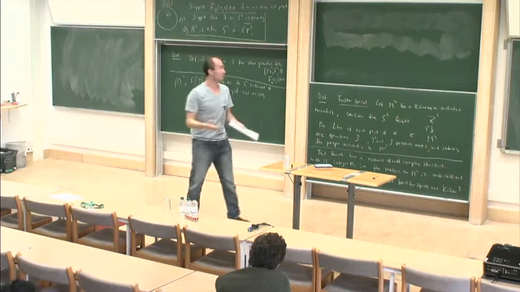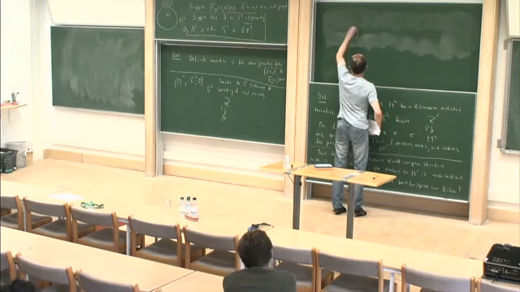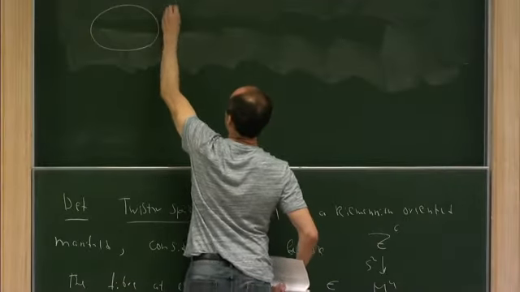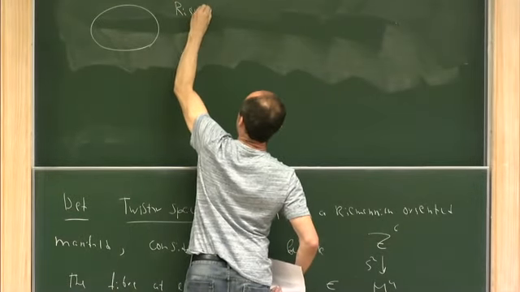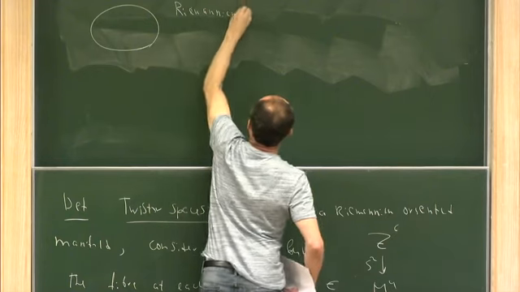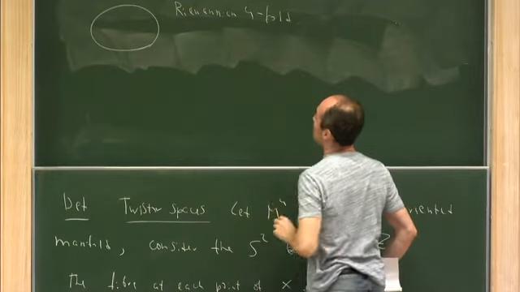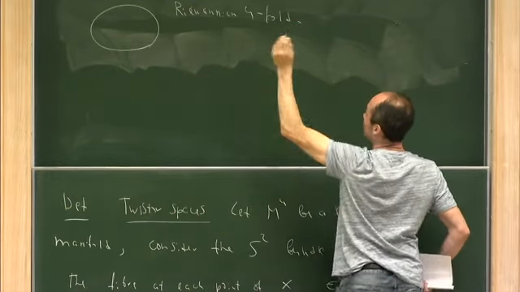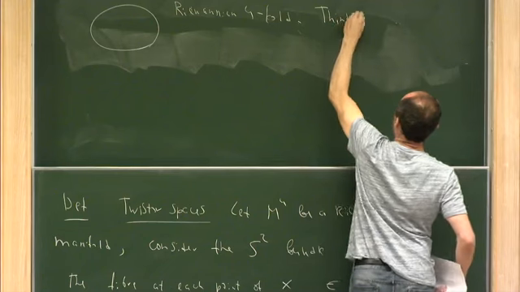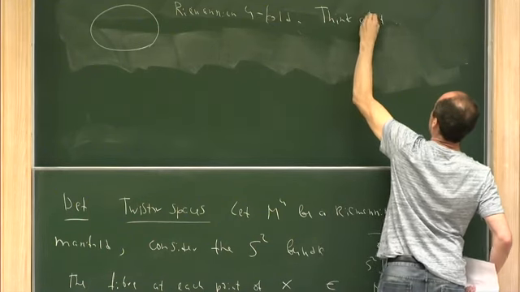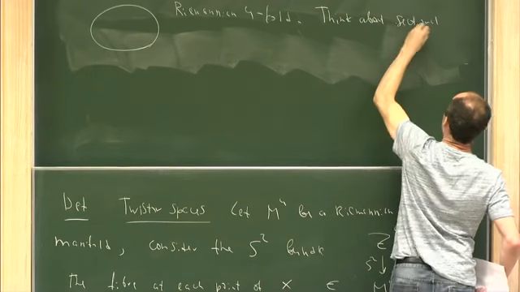Definite connection might remind us, for example, of a notion like sectional curvature on Riemannian manifolds. So we can consider Riemannian fourfolds, and we can think about sectional curvature.